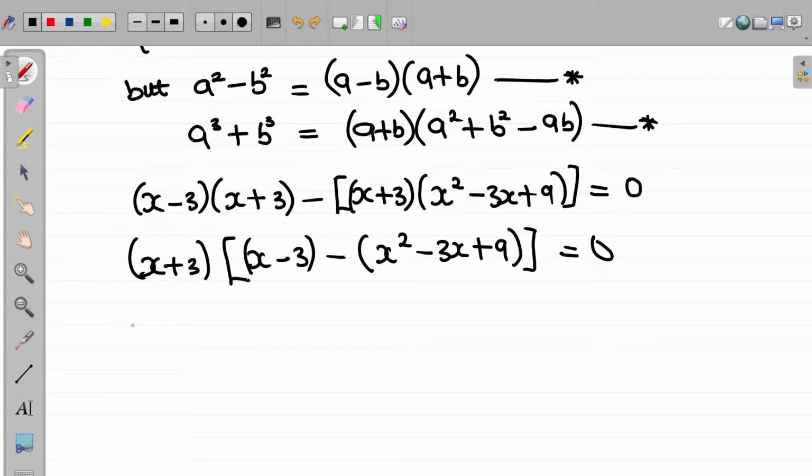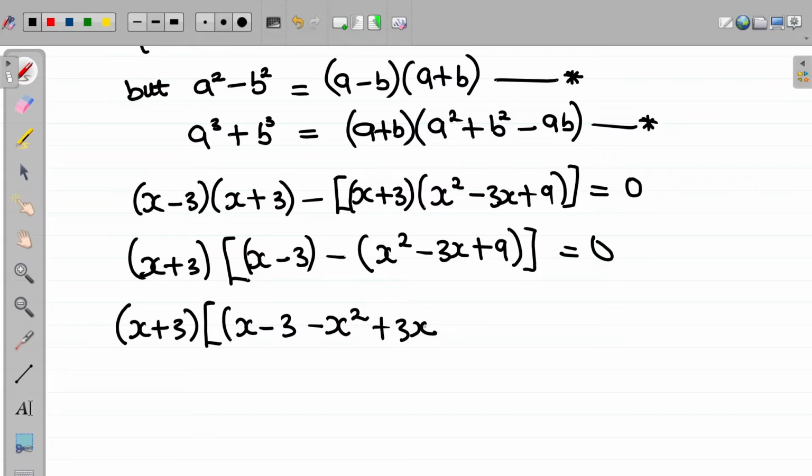So our equation becomes x plus 3, open up the bracket, x minus 3, minus times x squared is minus x squared. Minus times minus 3x is plus 3x. Minus times plus 9 is minus 9. Close the bracket, equal to 0.